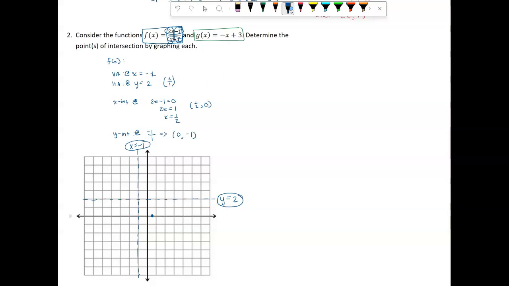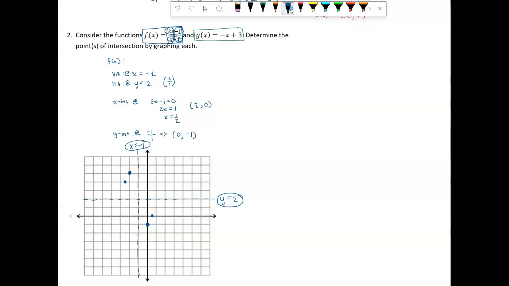So to get to that point, I went 1/2 over, 2 down. So I'm going to go 1/2 over, 2 up. There's a mirror image of that one. The y-intercept is at 0, -1, which is here. The mirror, so that was 1 over from the asymptote, 3 down, so I'll go 1 over, 3 up. So there's the mirror image.